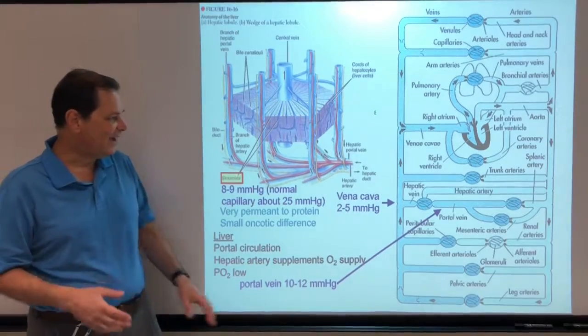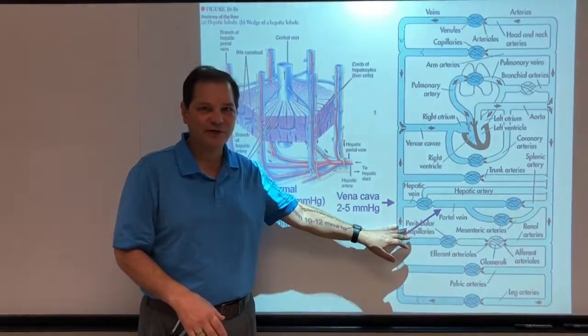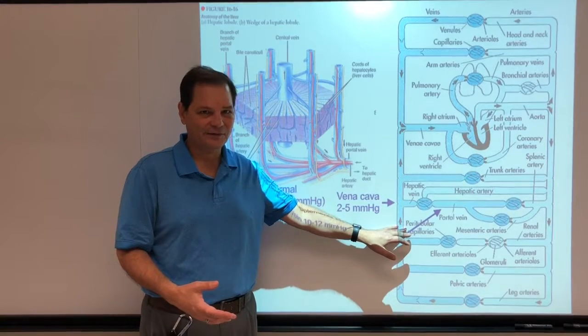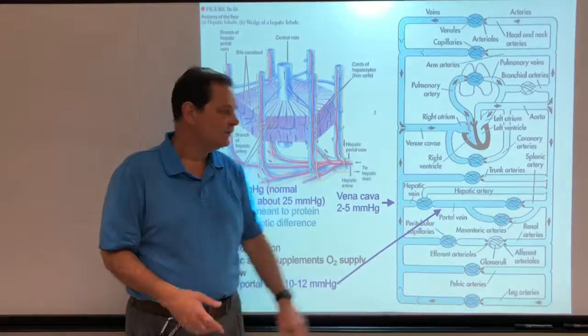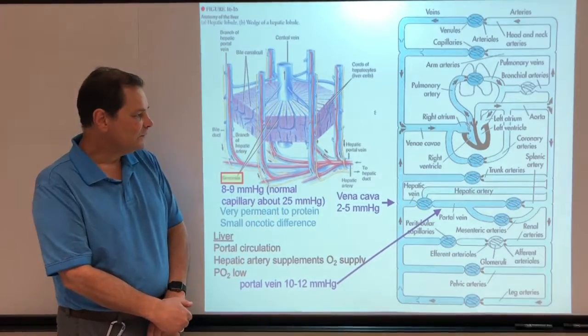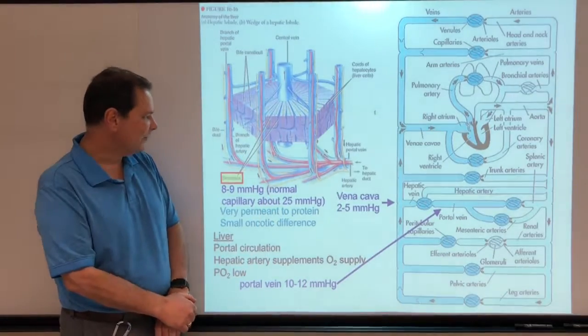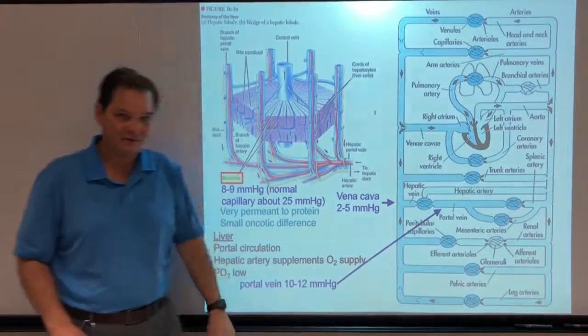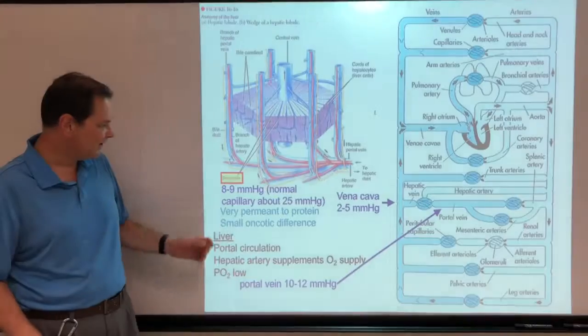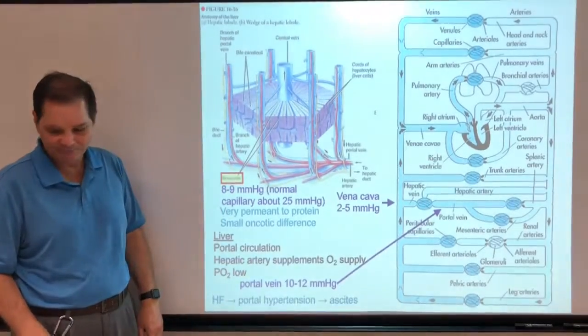So what you find out is that when the venous pressure goes up, let's say in congestive heart failure, that makes you particularly susceptible to edema through excess filtration in your liver, and to a certain extent in your GI tract as well, because your GI tract is also very permeant to protein.